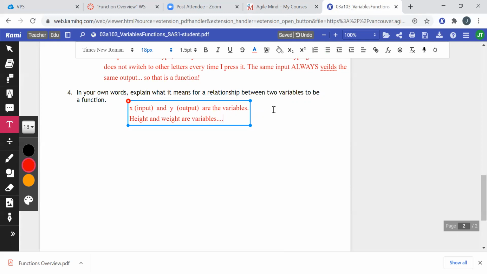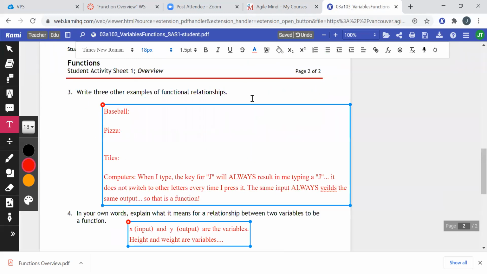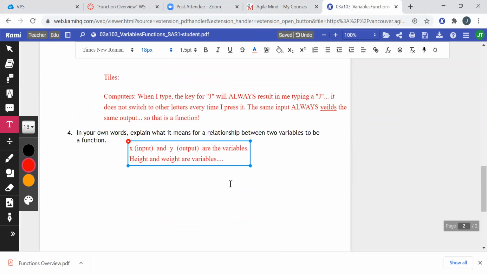So you could also say something like that, or height of a ball in the air, or whatever else. You need to explain what makes those two variables be a function. And I'll tell you, height and weight are not a good example of a function. So maybe we'll talk about speed and distance. Those are good. Or time and distance, that doesn't matter.